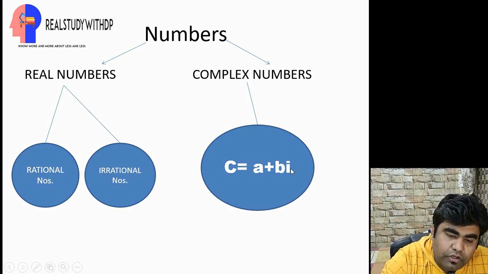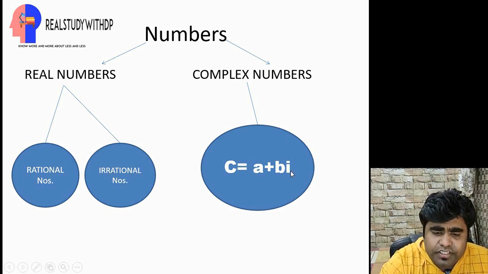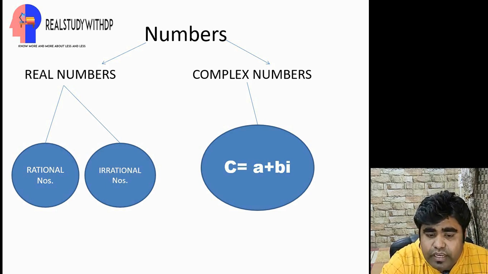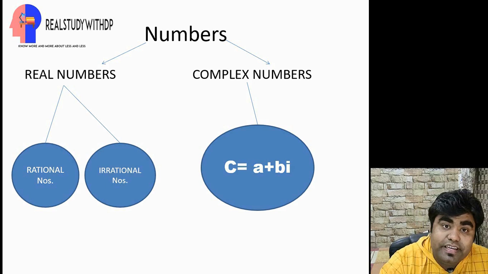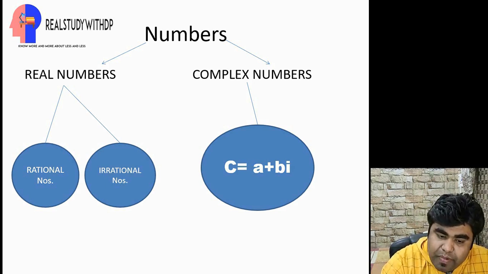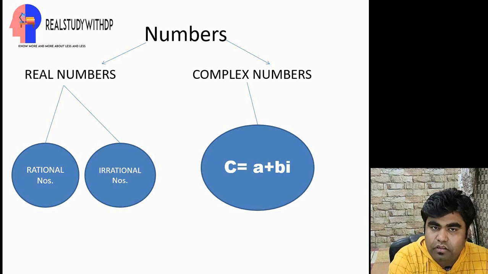Now iota is a Greek letter. It is just a symbol. It looks like the small letter i. This iota has a value: it is equivalent to square root of -1. So that's iota, which makes any number a complex number.